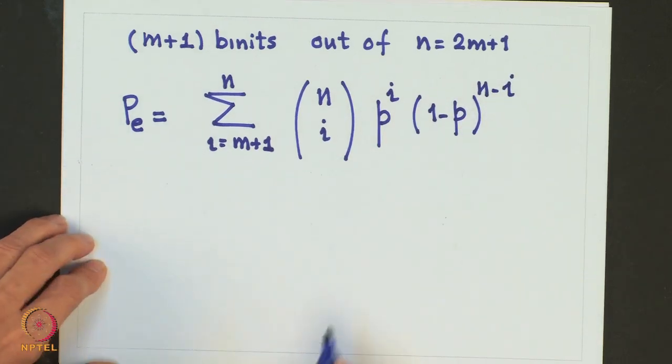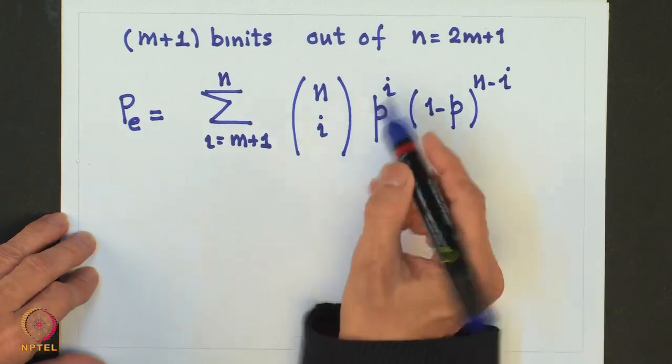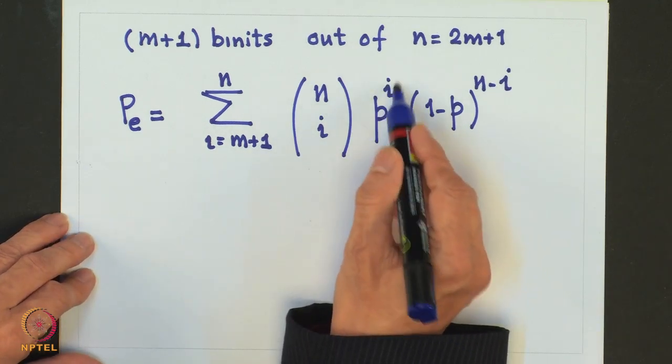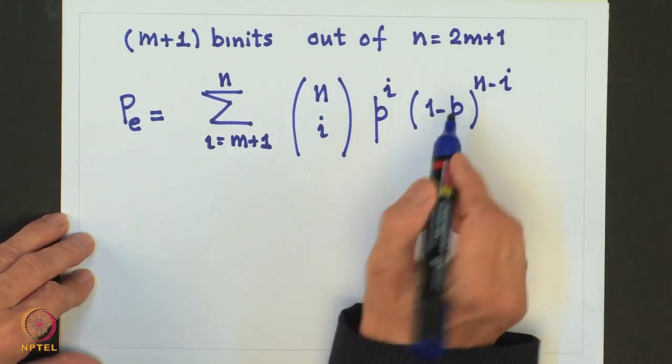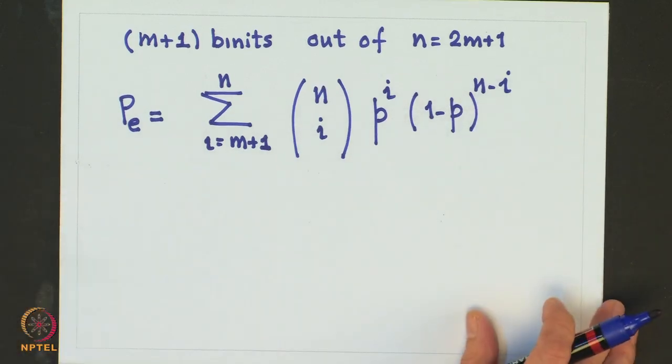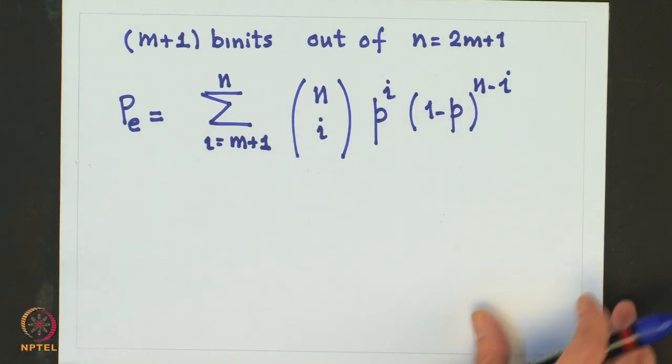So, in the sequence of length n, this denotes i bits going wrong and this denotes the number of bits received correctly.